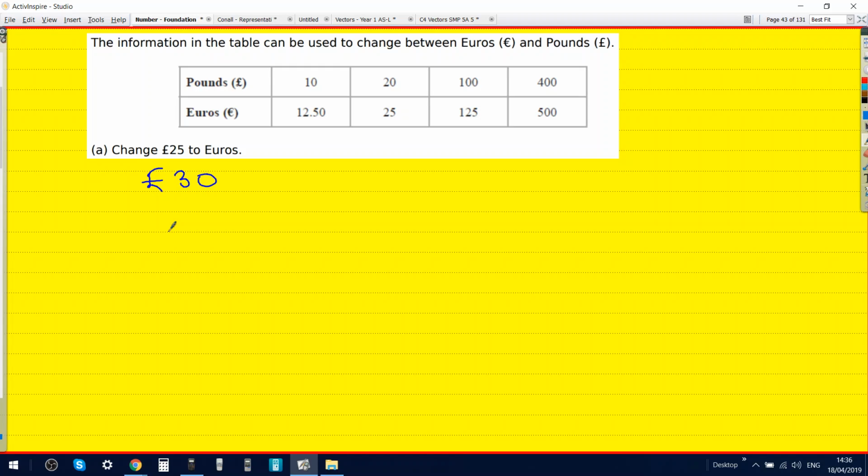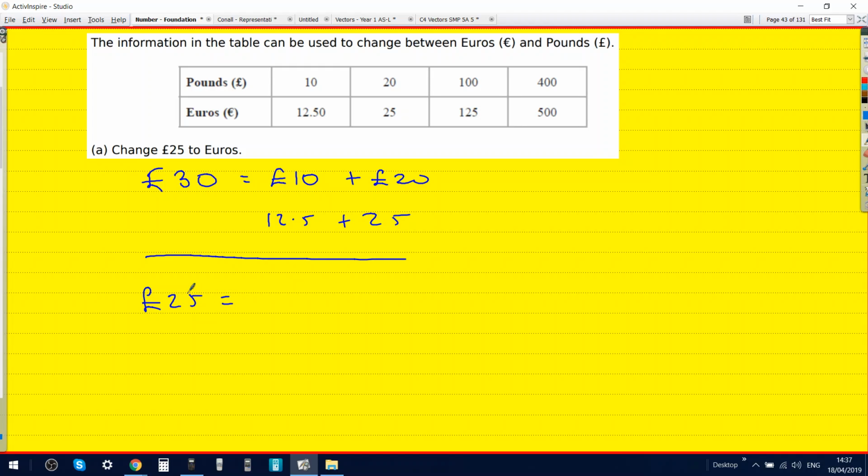So £30 is the same as £10 plus £20. Oh, right. Of course. So you just add the two together. So 12.50 plus 25. And then that gives you. So that's £30. They asked for £25.